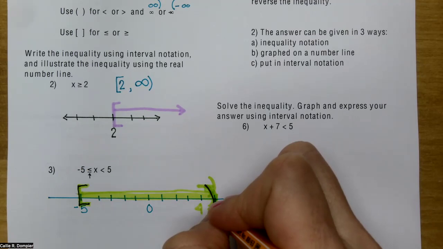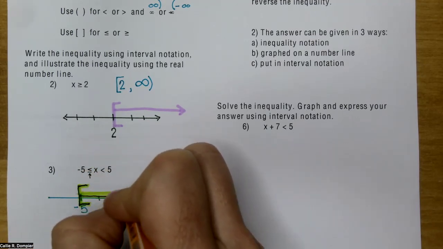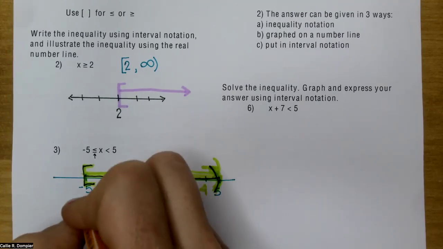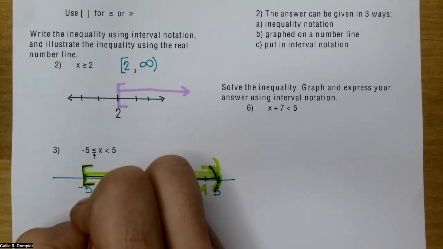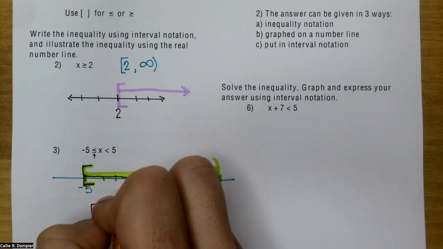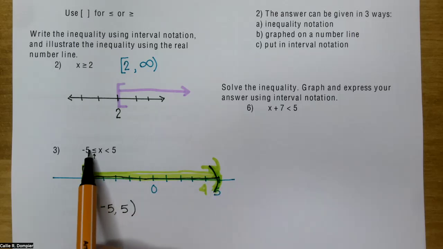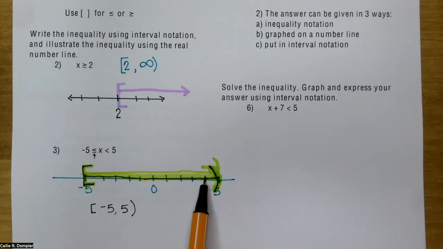We're ending at 5, and we're not including 5. Good. And then when I need the interval notation, it started with a bracket. The bracket was at -5. It ended at +5, and it ended with a parentheses. So I can just recopy it down. X is less than 5. X is greater than or equal to -5. Fill in everything in between.